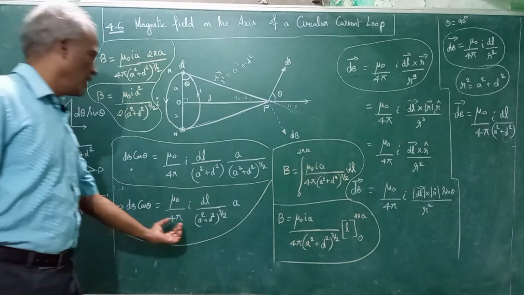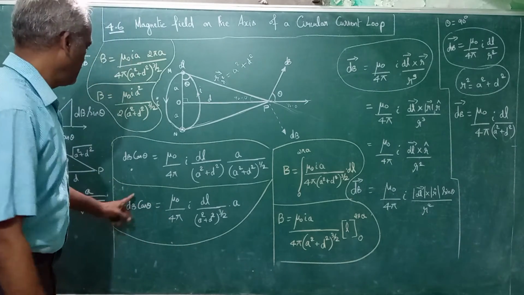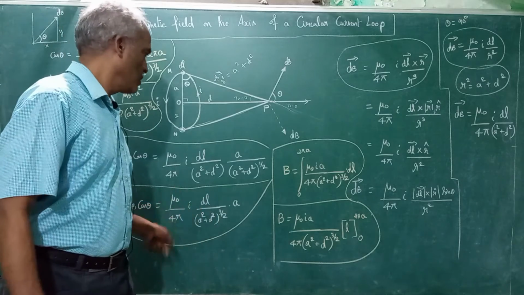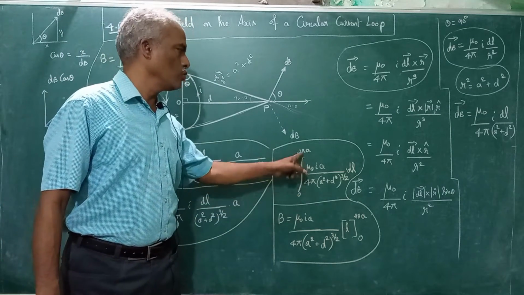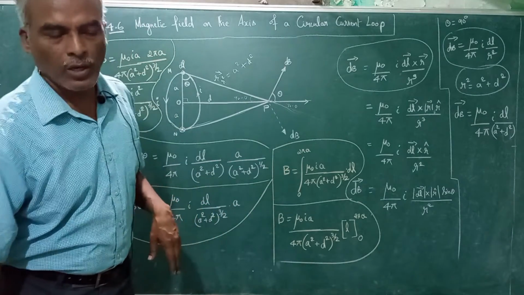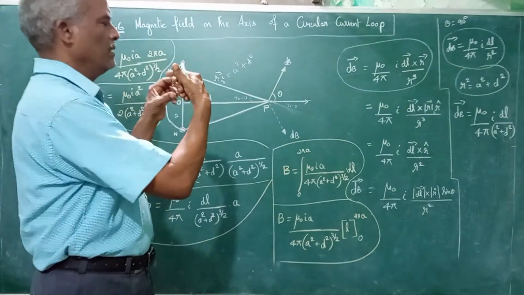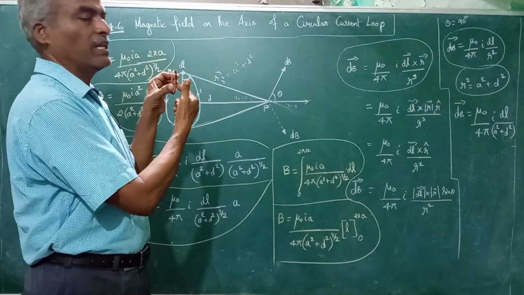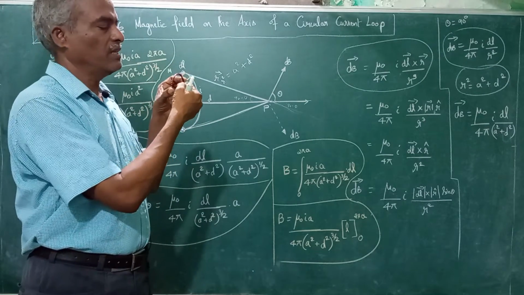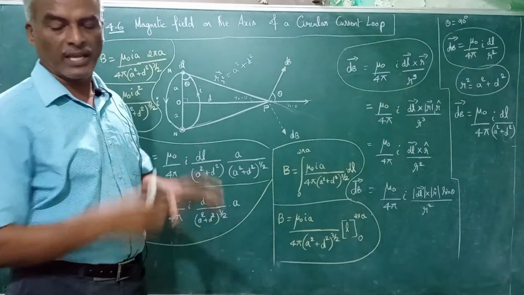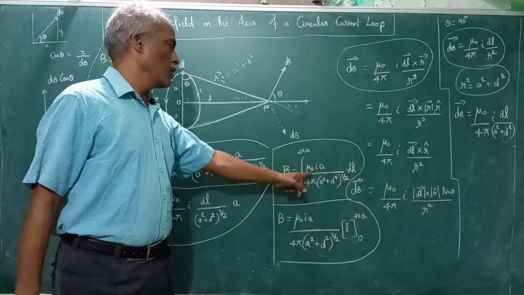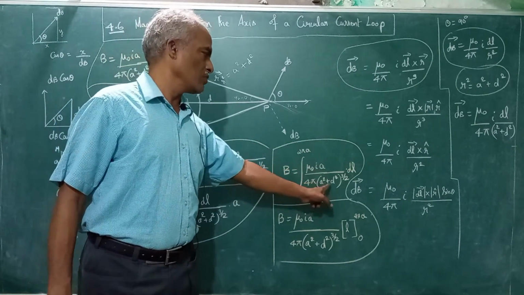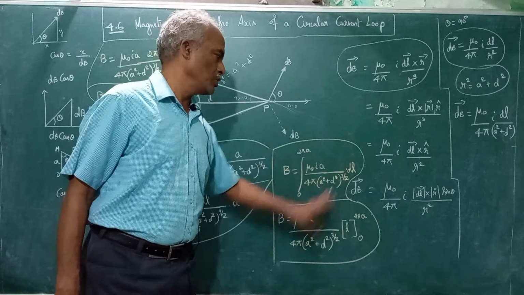So if you go for integration, integral dB will be B. Now you have 0 to 2 pi a. What is 2 pi a? 2 pi a is the circumference of this circle, where a is the radius, 2 pi r. So here a is the radius, so 2 pi a. So lower limit is 0, upper limit is 2 pi a. Mu naught I a by 4 pi a square plus d square power 3 by 2 into dl.